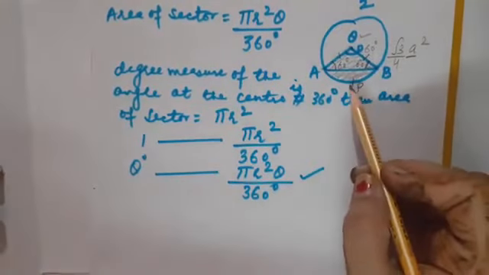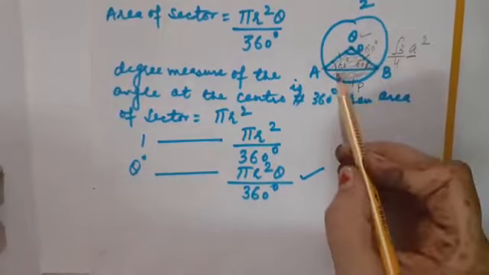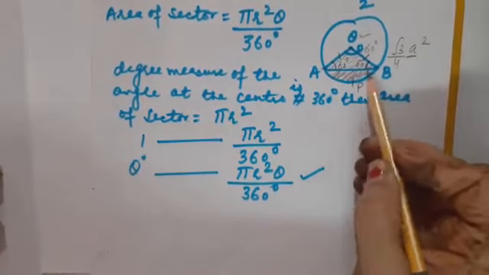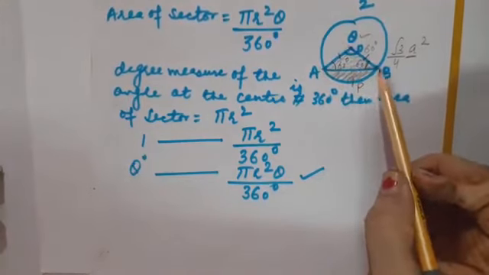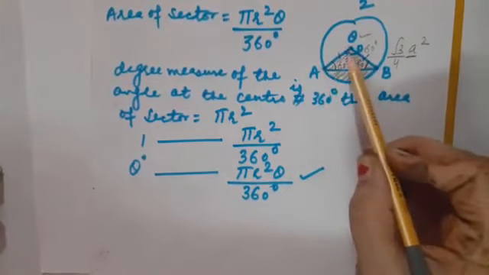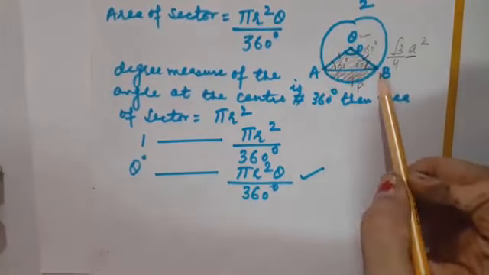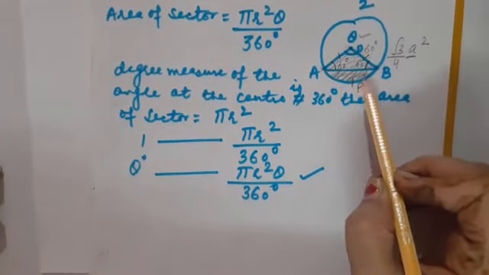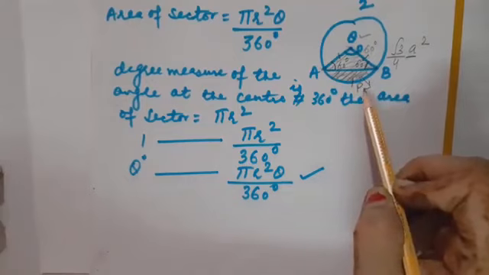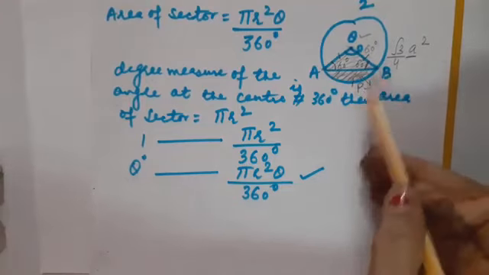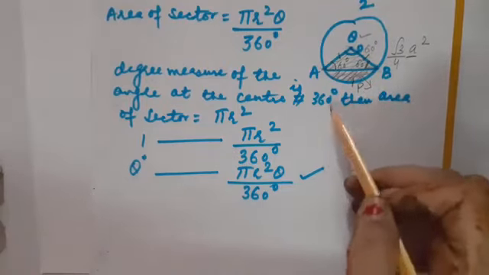Children, for example, if I ask you, can you tell me how to calculate the area of this segment? Just have a look. If I subtract the area of the triangle from the area of the complete sector, so definitely I will be getting the area of this region, that is segment. Yes or no? So the area of segment is here in our hand. How to calculate?